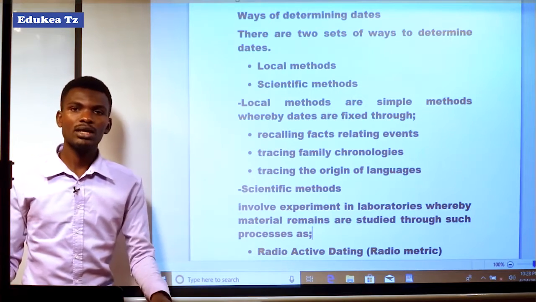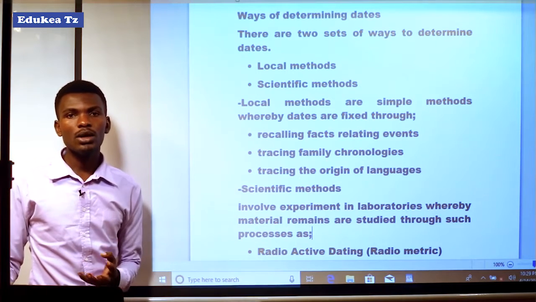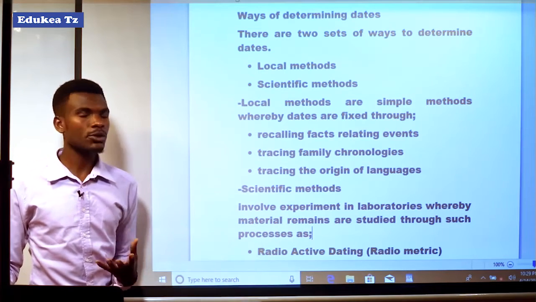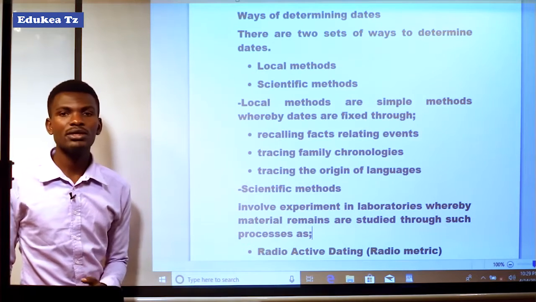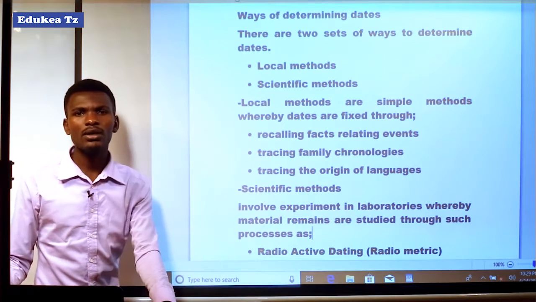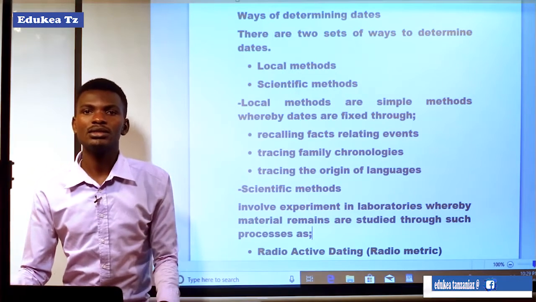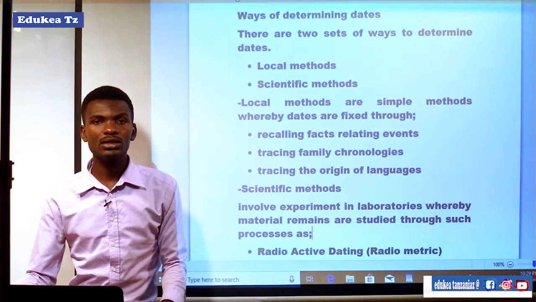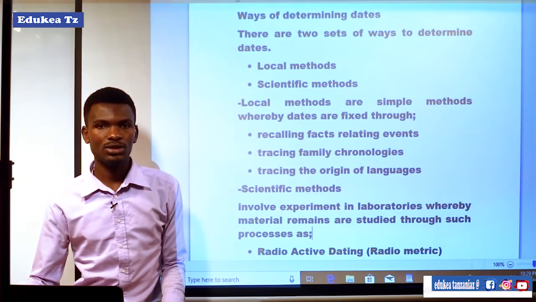When you say recording facts relating to events, the historian is just recording the facts relating to the events from the respondent. For example, you may give someone past information relating to the El Nino event that occurred in Tanzania, or past information concerning the earthquake that occurred in Kagera region.